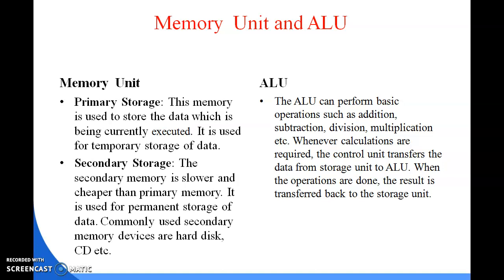That means ALU means Arithmetic and Logic Unit. What is the Arithmetic and Logic Unit? Basically, the instructions entered into the computer are generally of two types. One is logical, another one is arithmetical instruction. Arithmetical means the basic operations: addition, subtraction, division, multiplication.